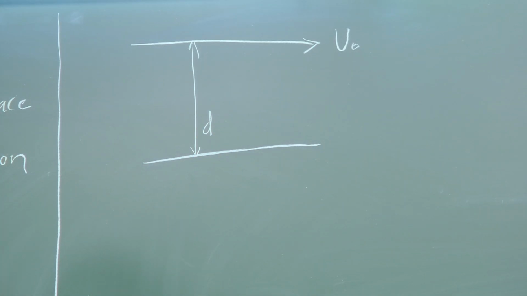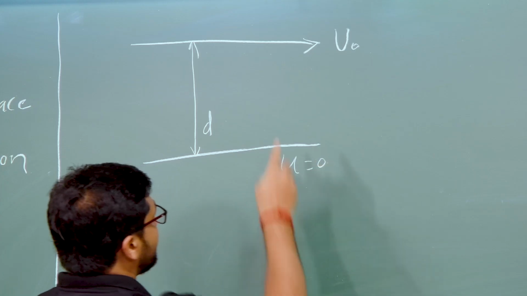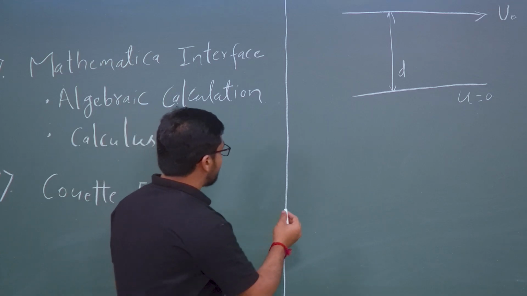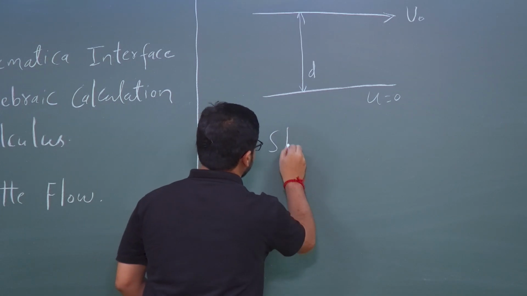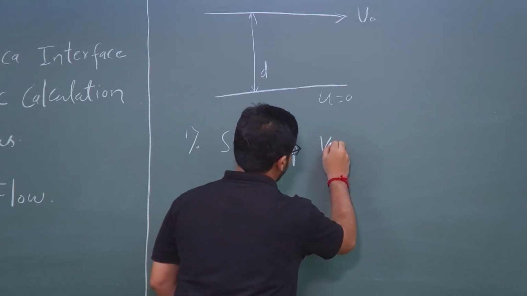So, this is a standard Couette flow problem. So, u is 0 here, whereas u is u naught on the top plate, and the flow is happening only because of the movement of the top plate. What we have to do in this problem is find the startup velocity profile.